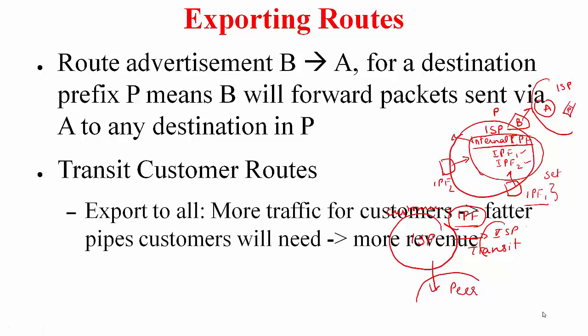Well, the customer routes, it should ideally expose to everyone because you are taking money from the customers to provide this service. And as more and more traffic goes to the customers, they will need fatter and fatter pipes, thereby you will make more revenue. So the customer routes you have to expose to whatever peering relation or the transit relation that you have.